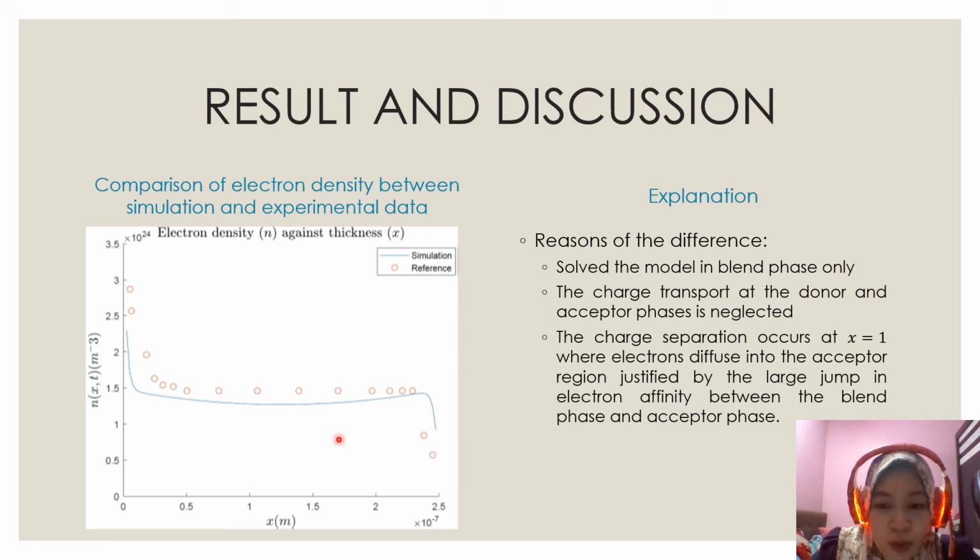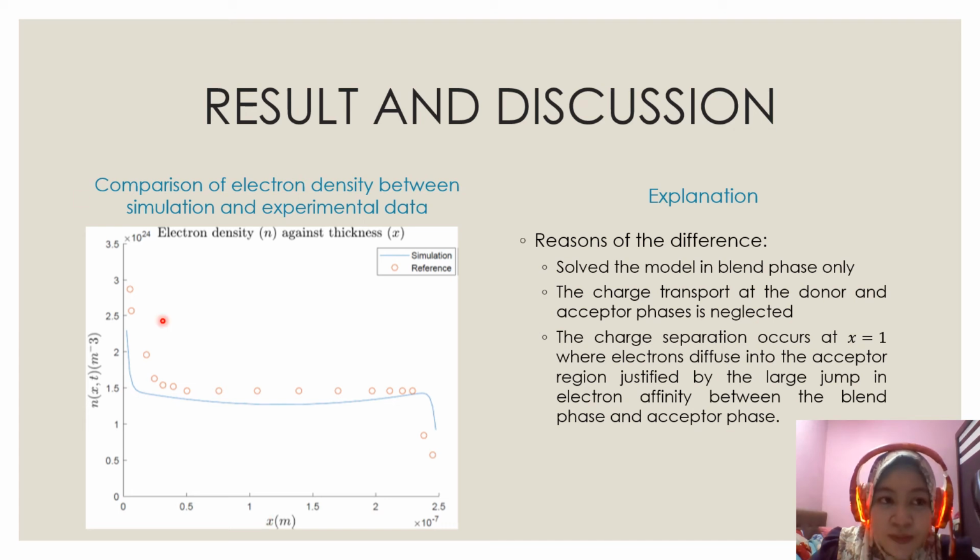So when the charge separation occurs at x equal to 1, where x is the thickness, electrons diffuse into the acceptor region, justified by the large jump in electron affinity between the blend phase and acceptor phase.